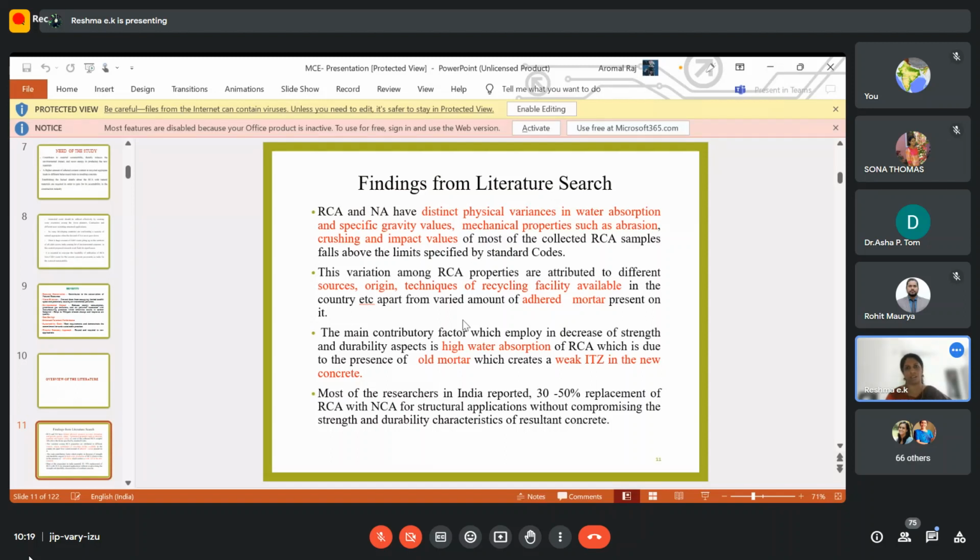Those who are currently doing PhD will know it better, because almost all the guides tell their research scholars to do literature review first. But most of us don't do literature review in the beginning. We try to formulate our objectives without going through literature search. That is a major problem with most research.